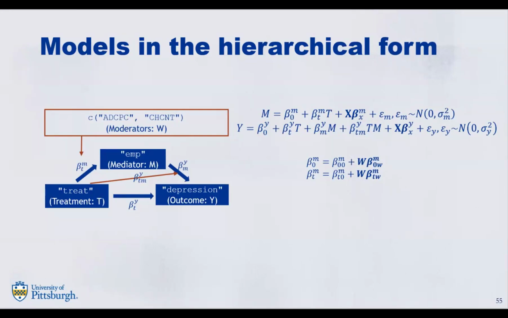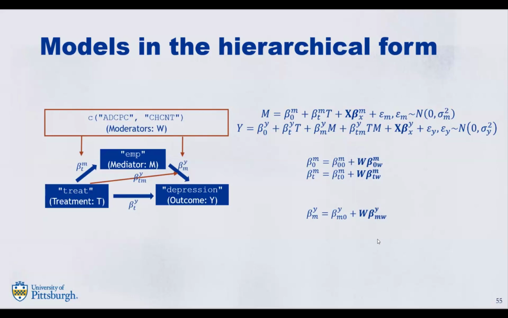And similarly, we write the coefficient of the mediator in the outcome model as a function of the moderators to reflect that the path from the mediator to the outcome is also moderated by the moderators.